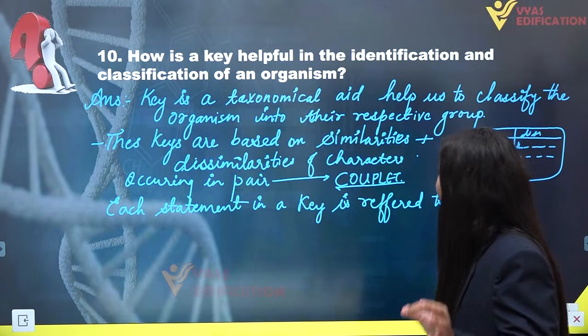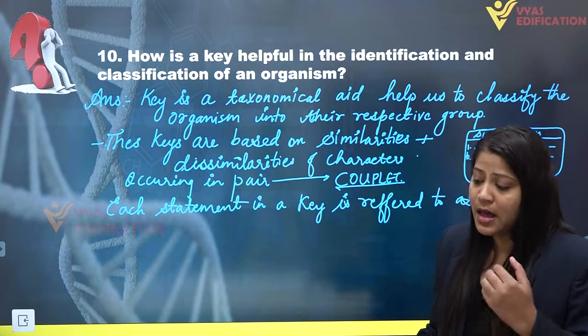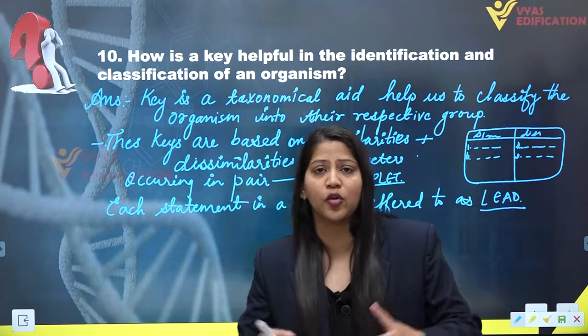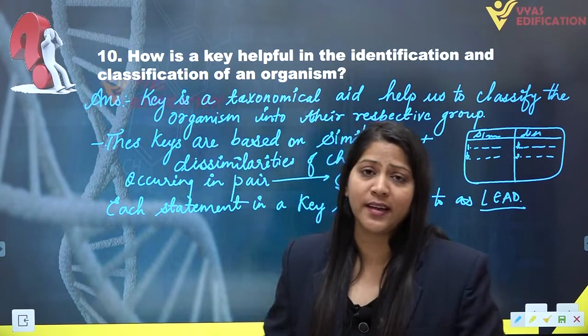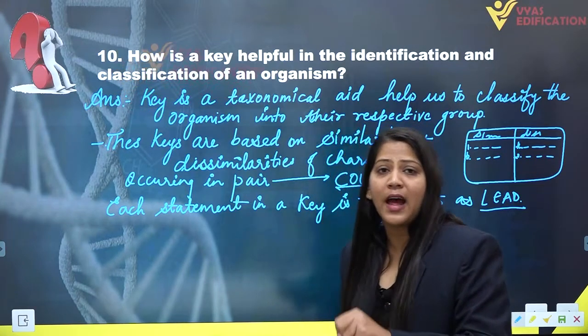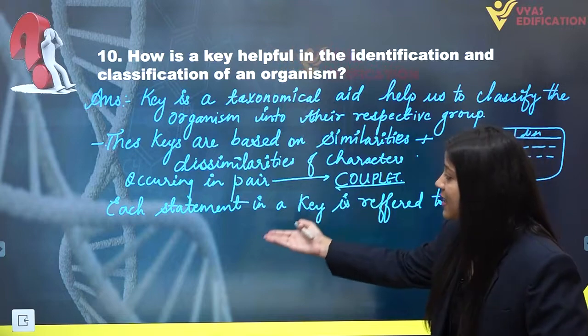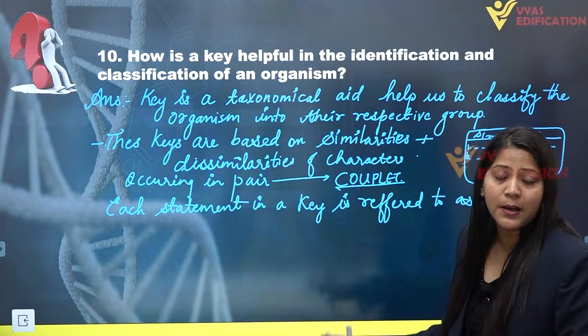Now, how can it help us to classify any organism? When we classify any taxonomic group or taxonomic rank such as family, order, genus, etc., we classify them according to the key, according to the similarities and dissimilarities given in the key.